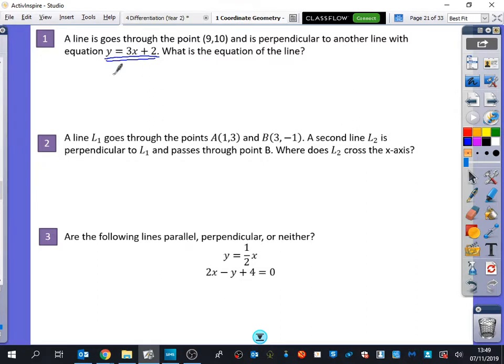So what's the gradient of this line? Good, so we can say that this one's gradient is 3, so the perpendicular m would be -1/3, so we can just say it's y - y1 = m(x - x1). Done.